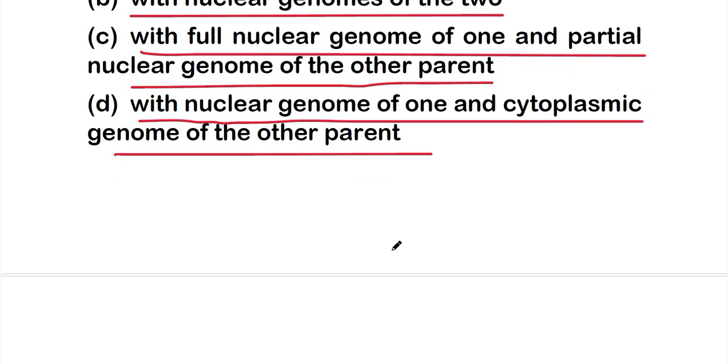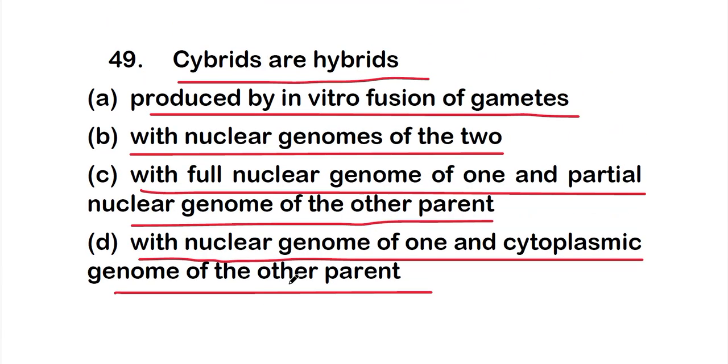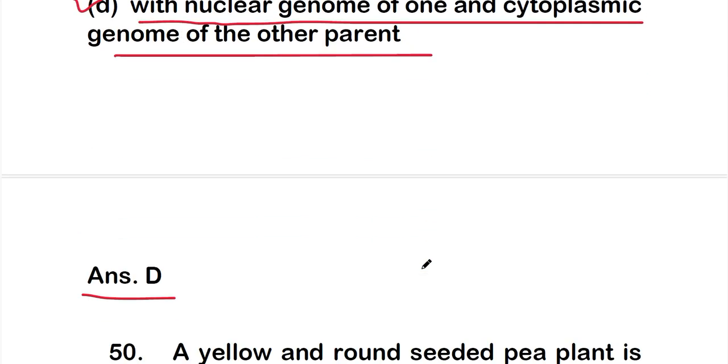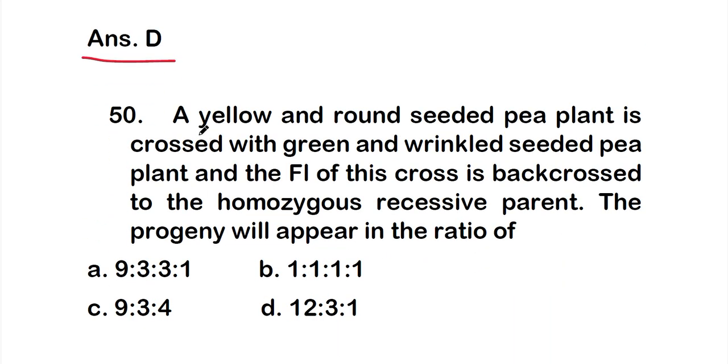So the right one is option D, that is hybrids with nuclear genome of one and cytoplasmic genome of the other parent. Okay, so this is the right one. So next question we will see.